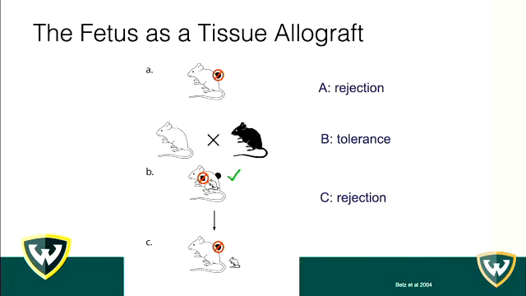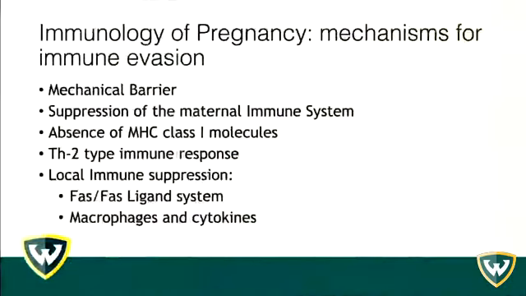That skin was rejected. But when they crossed these two different strains and did the same experiment, transplanting a piece of skin from the father, in this case the black mouse, into the mother, the white mouse, who is now pregnant, that piece of skin was not rejected. So this is the background for understanding the immunological challenges that happen during pregnancy. Now the question is, how do we explain that?